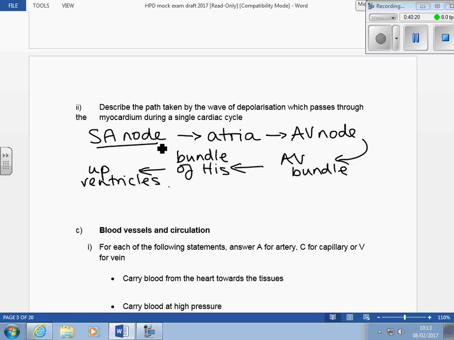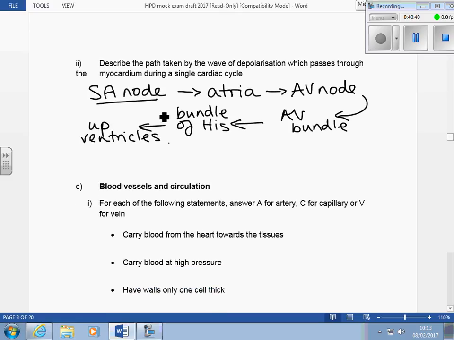Or if you want to say something increases, you can use an up arrow, or decreases, a down arrow is fine. So if you want to talk about increased heart rate, you just put arrow up, heart rate. And that's okay. So yes, you can find ways of saving a bit of writing time, at least.